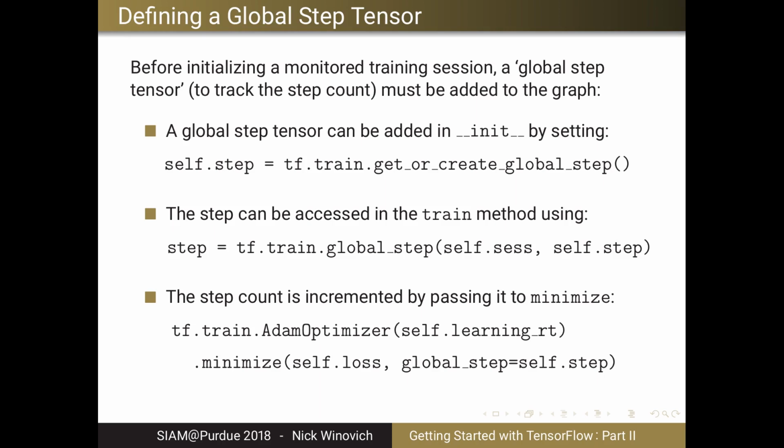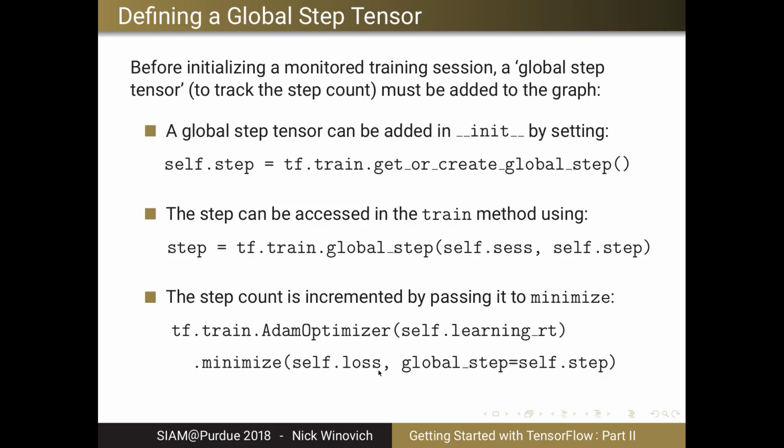But in any event, it's necessary to define this global step, a tensor in the graph which tracks the current step of the training process in order to run these monitored sessions. And the step will automatically be incremented by passing the global step to the minimize method of your optimizer. So here we have minimize. Self.loss is what we're going to minimize.